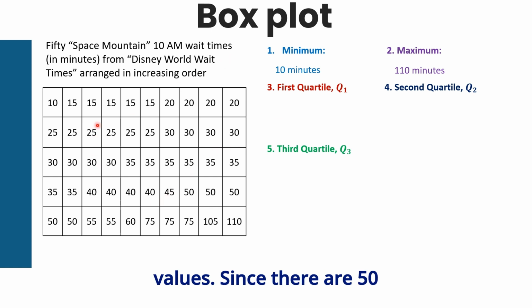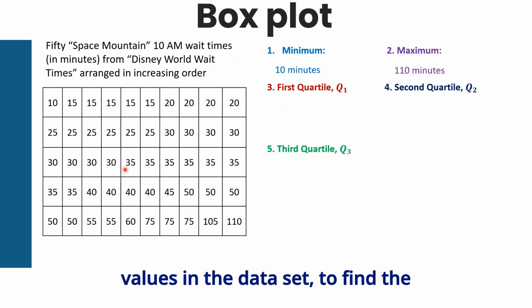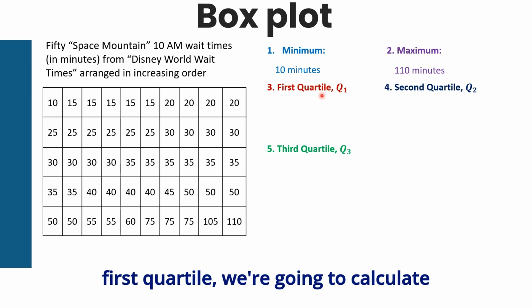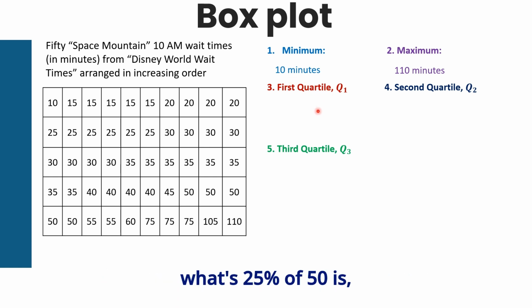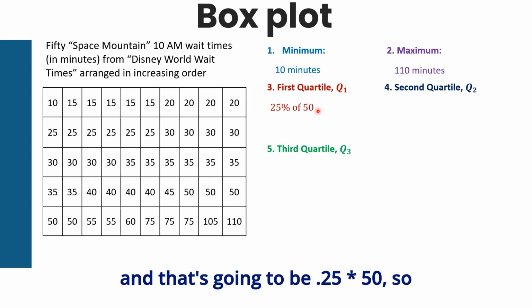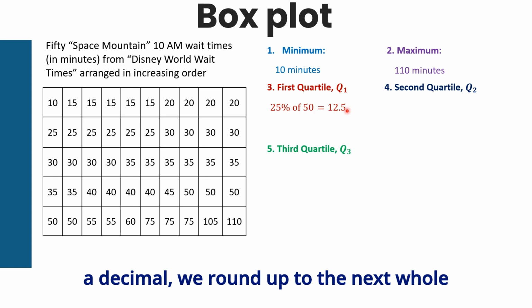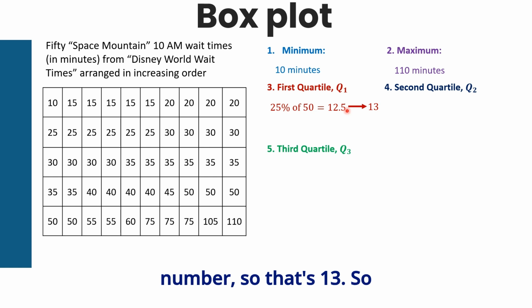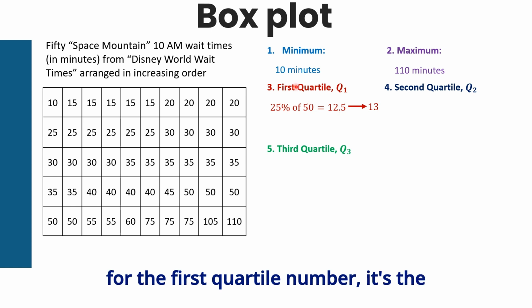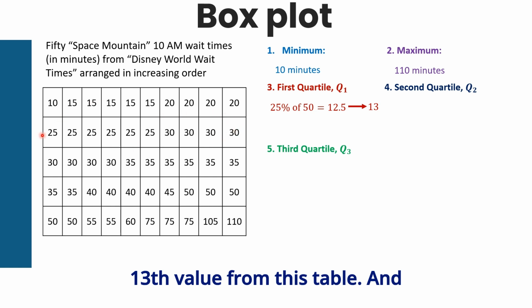Since there are 50 values in the data set, to find the first quartile, we calculate what 25% of 50 is, and that's 0.25 times 50, which gives us 12.5. Since it's a decimal, we round up to the next whole number, so that's 13. So the first quartile is the 13th value from this table.